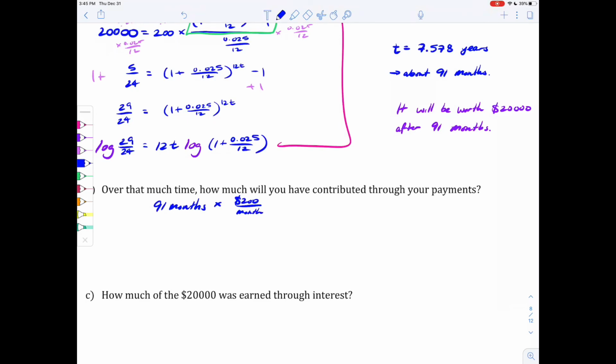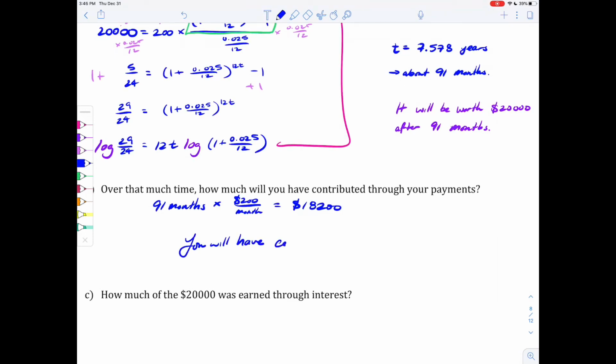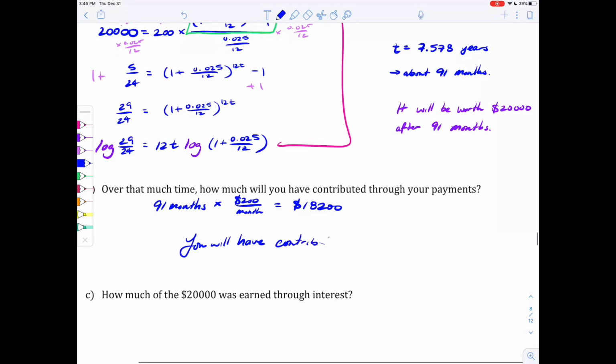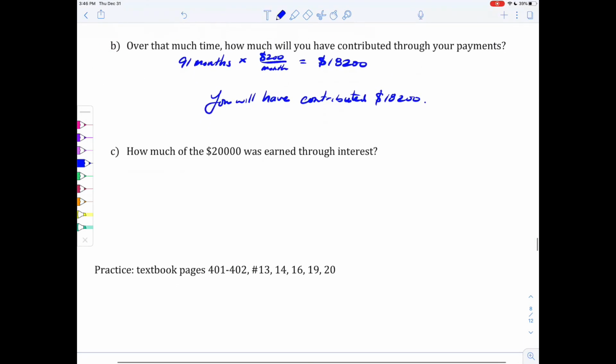So it's really just straight up 91 times 200, which is this value. So you'll have contributed $18,200.